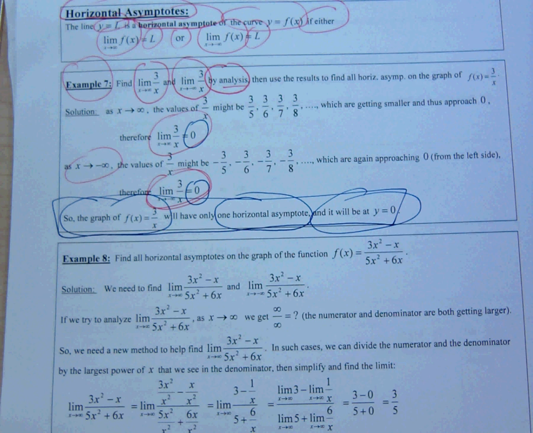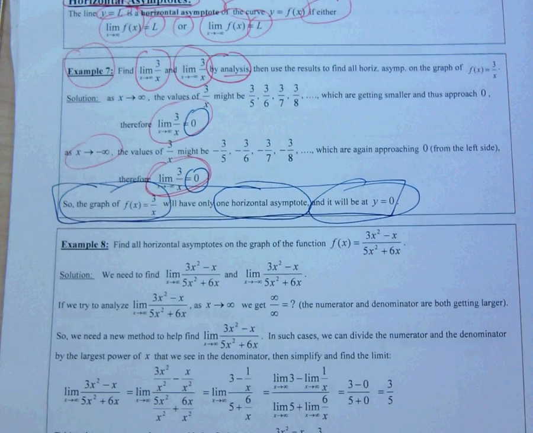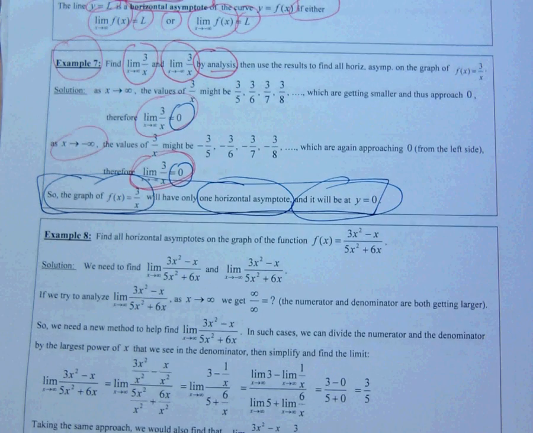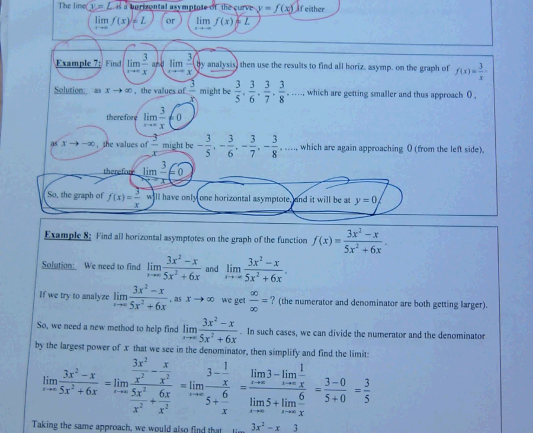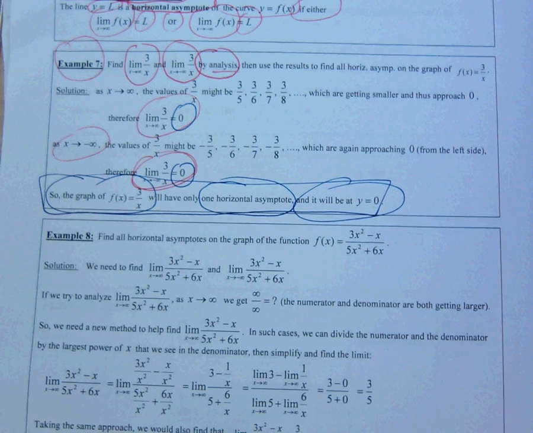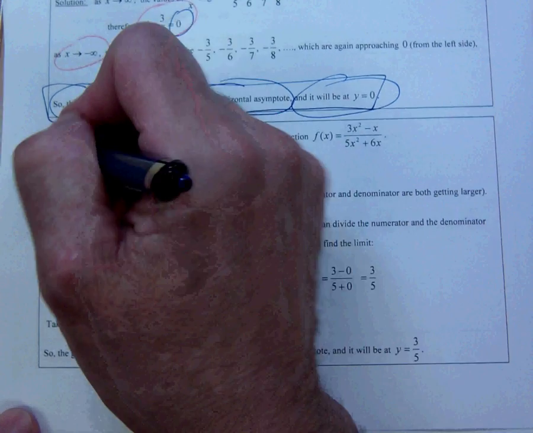And if you get a number for either of those, that's where your horizontal asymptotes are. In this case, they both equaled 0, so I had 1 horizontal asymptote. What if those equal 2 different numbers? Then you'd have 2 horizontal asymptotes, right? What if neither of them equals a number? Then you have no horizontal asymptotes. Got it? Easy? Okay, let's do another example. Don't worry, guys. They won't all be this nasty.